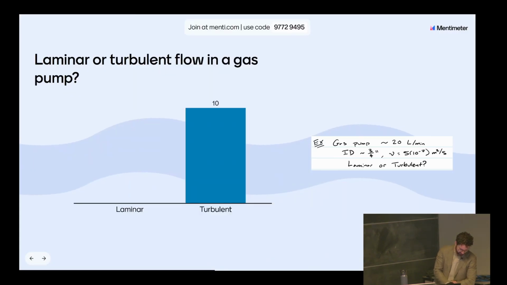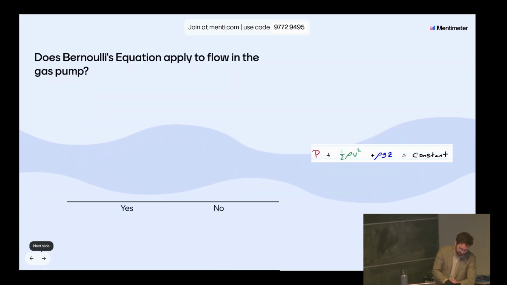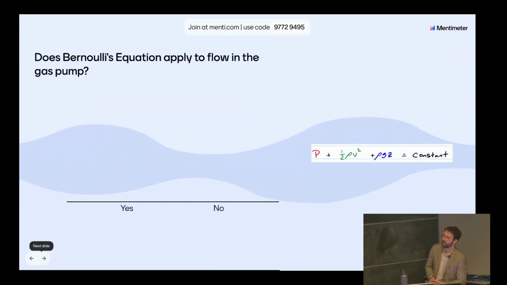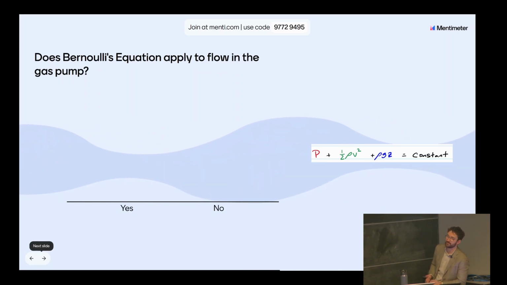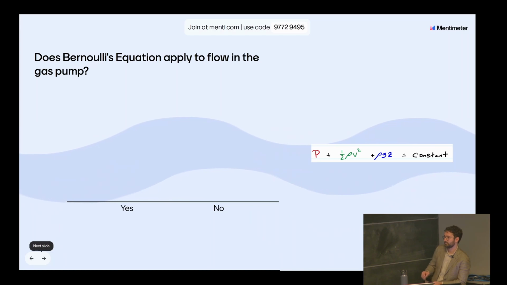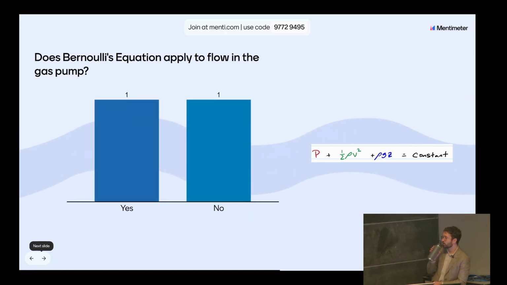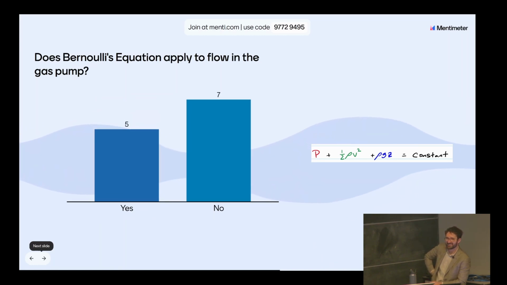Okay, I think I have another Menti question on this example. So just answer yes or no of whether you think Bernoulli's equation applies to the flow through this gas pump. So Bernoulli's equation I've written in there on the right-hand side. Are you guys doing this on purpose? That's actually quite impressive.